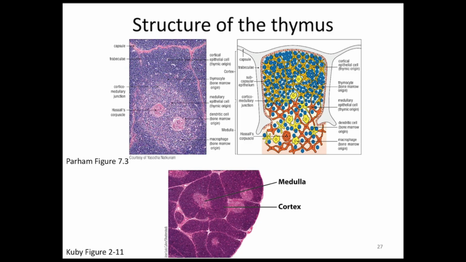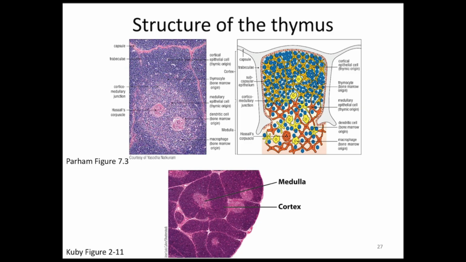One is called the cortex and one is called the medulla. And you can see the cortex and the medulla of the thymus here in a microscopy image. You can also see a microscopy image of it up at the top, and a cartoon image from your textbook also up at the top.